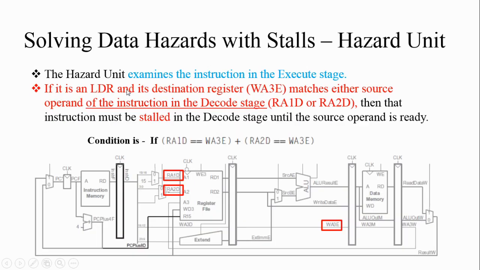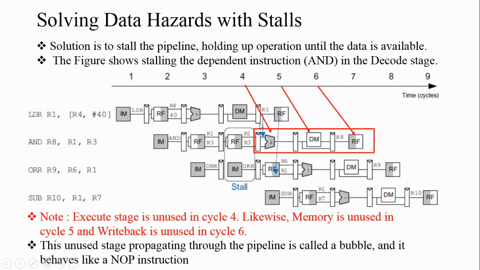So the hazard unit will examine whether the instruction in the execute stage is an LDR instruction. If it is an LDR and its destination register matches either source operand of the instruction in the decode stage, right? This problem will occur only when the execution stage has an LDR instruction, and in the next instruction you use this result as the first operand or the second operand.